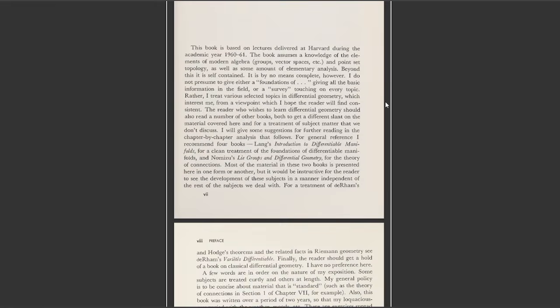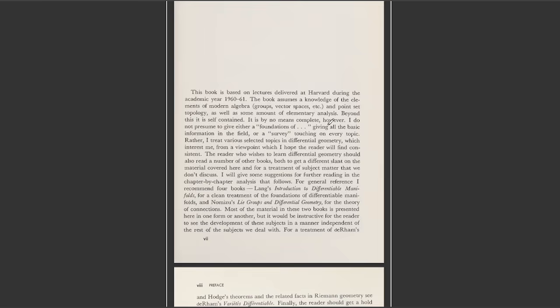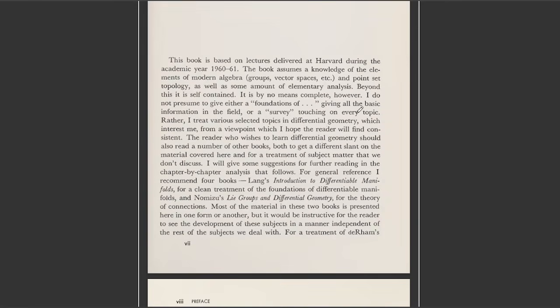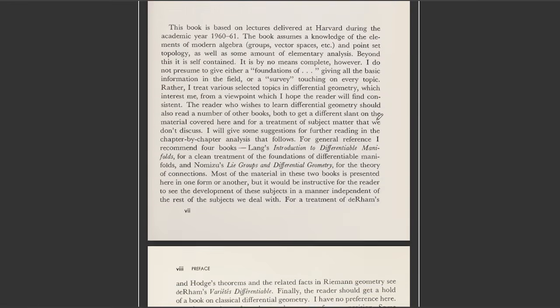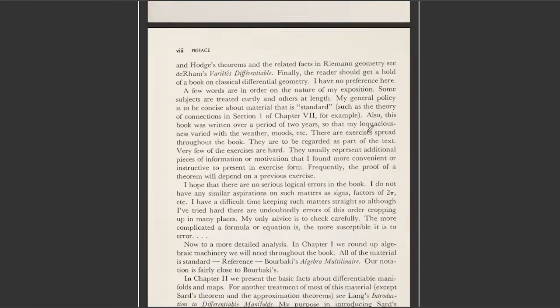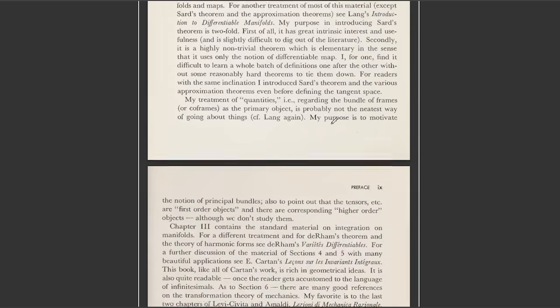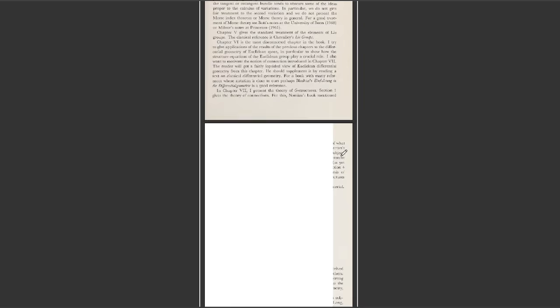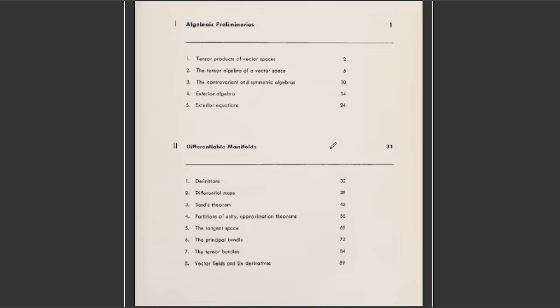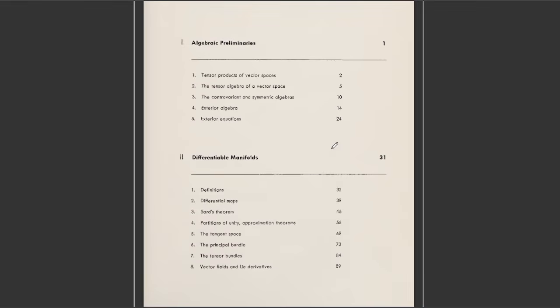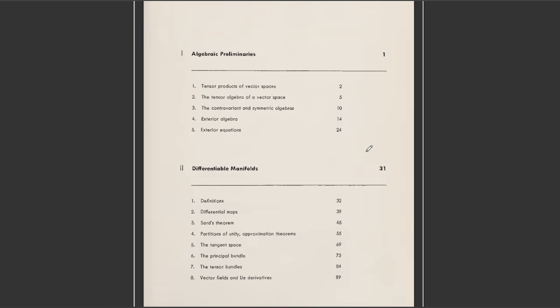Of course, this book is going to assume knowledge of basic modern algebra that a book like Shilov's linear algebra would prepare you adequately for. And he provides a nice preliminary, but really he's going to teach us how to think about these true geometric objects that coordinates kind of obscure.